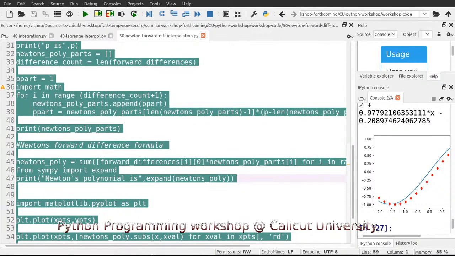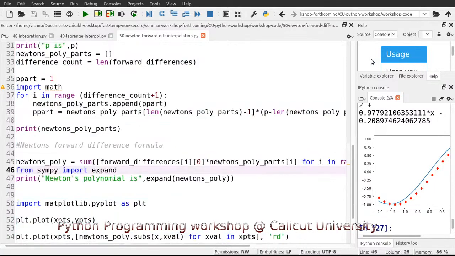So backward difference also can be done like this. The only thing is that once you are able to do one problem, provided that you understand the technique correctly, you will be able to code anything.